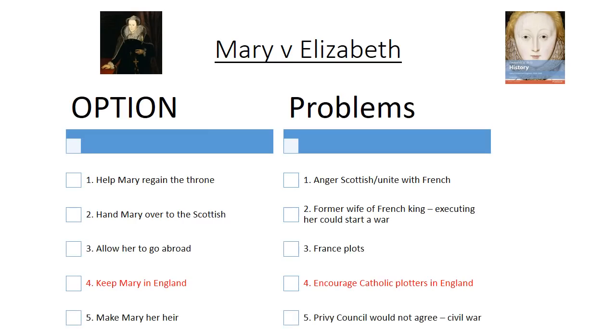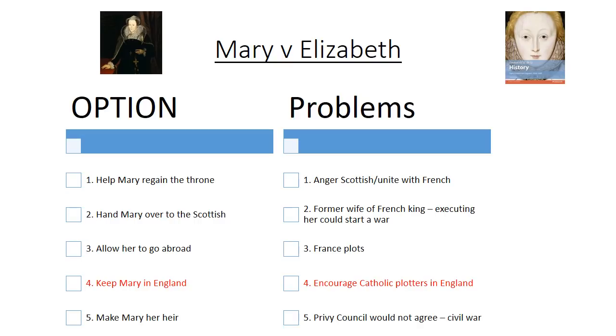So let's look at the options Elizabeth had for dealing with the problems Mary caused. First of all, could she help Mary regain the throne? If she sent her back to Scotland with English support, this would anger the Scottish, and inevitably they would unite with the French and cause problems for Elizabeth. So that wasn't really an option.